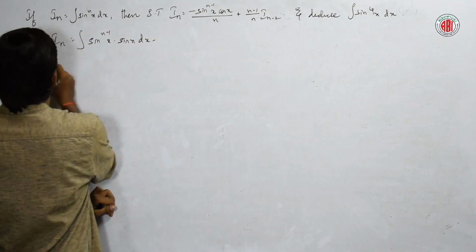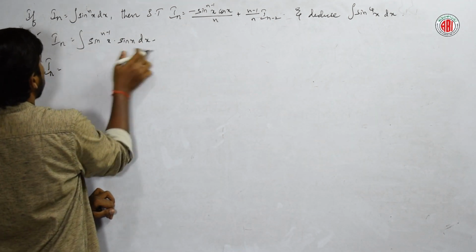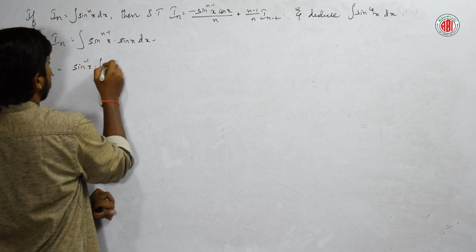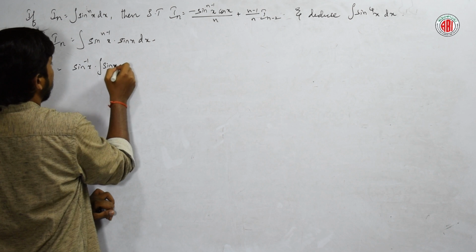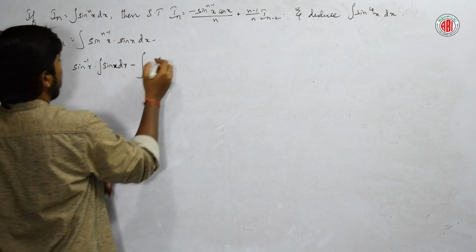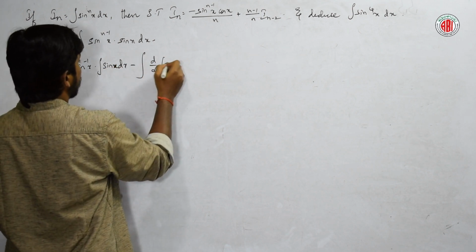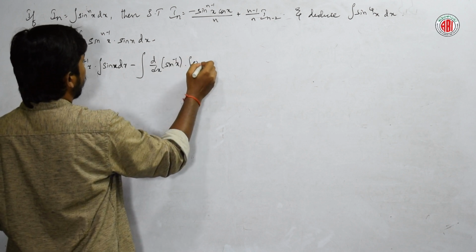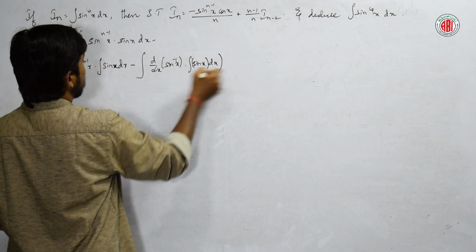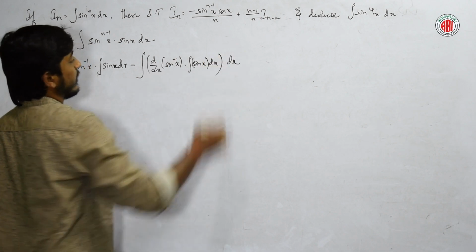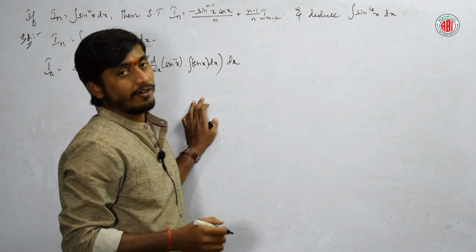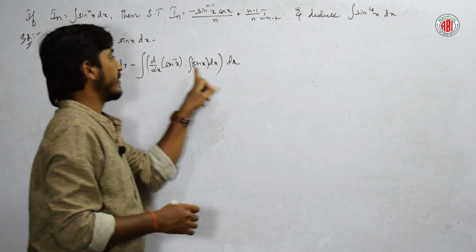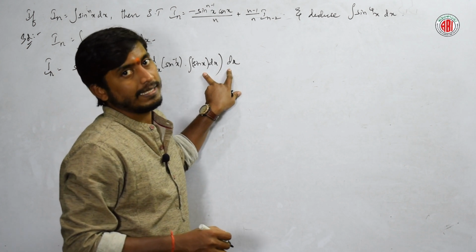Now, what is the formula of integration by parts? u integral v dx minus integral of the differentiation of u into integral of v dx, whole dx. Is it not the formula? u integral v dx minus integral du by dx into integral v dx, whole dx.